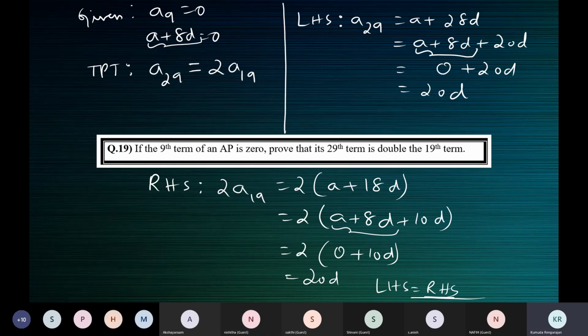All right, children. Please write down any one of the two ways. Meaning write down both now.